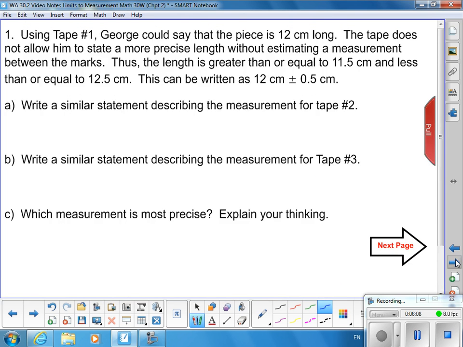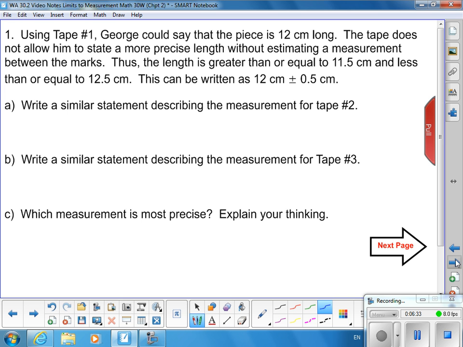Using tape 1, George could say that the piece is 12 centimeters long. The tape does not allow him to state a more precise measurement without estimating. Thus, the length is greater than or equal to 11.5 centimeters or less than or equal to 12.5. That could be written as 12 centimeters plus or minus 0.5.